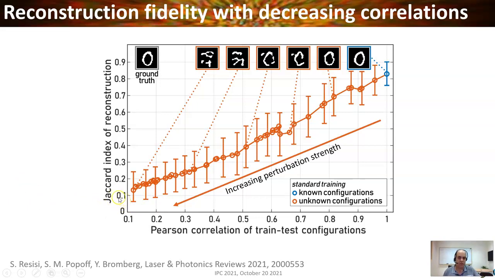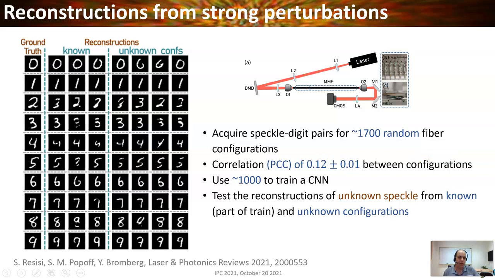In terms of this graph, we want to take these low Jaccard index reconstructions for low Pearson correlation between train and test configurations and push it up. We want to find a way to get high Jaccard index reconstructions, high fidelities, for low correlations between train and test sets. Our approach for doing this is as follows.